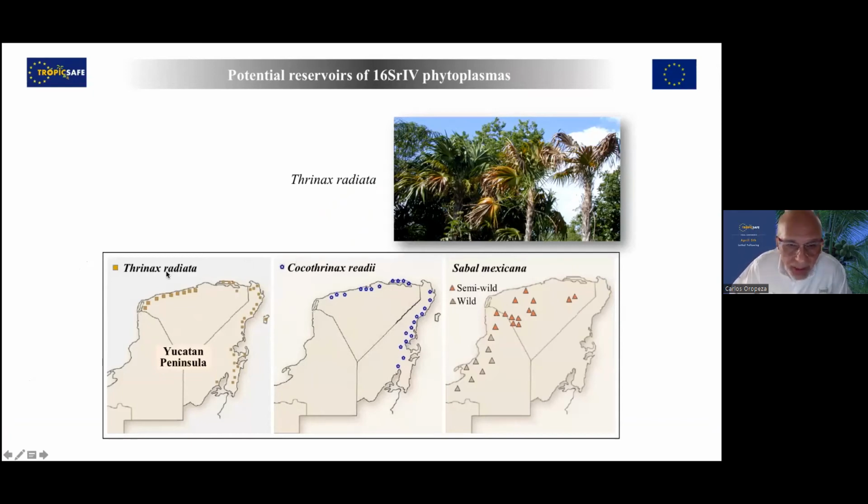So if we take these 3 together, the whole peninsula is covered, at least in the coast, with these kind of plants that are being infected with phytoplasmas, but the populations are still there over decades. So it's a permanent reservoir of phytoplasmas. And the same can be said for other species throughout the country. And of course, this should be the same with other countries and throughout the world.